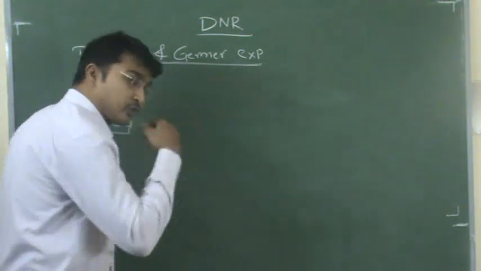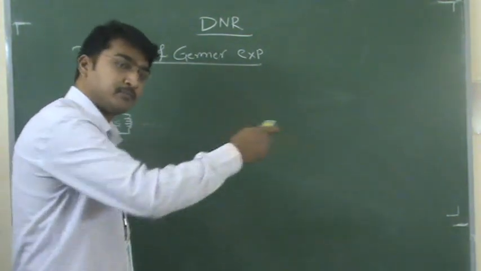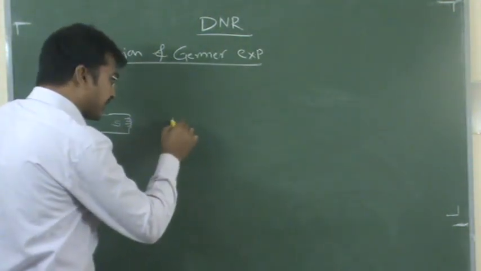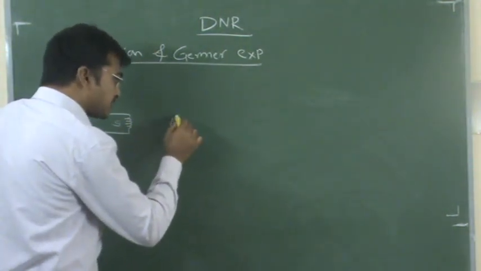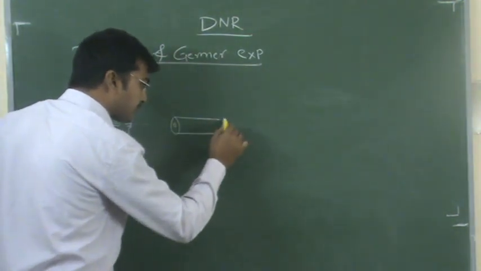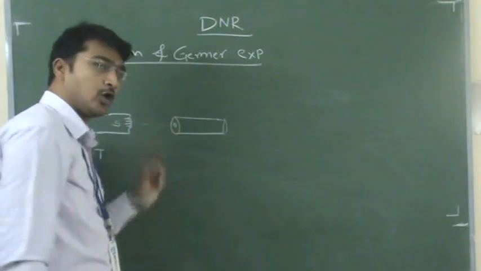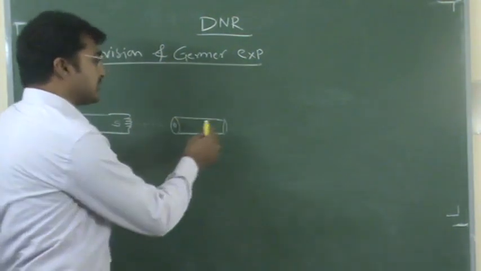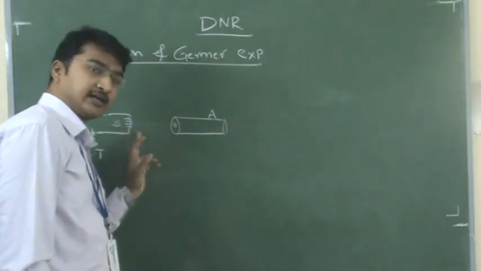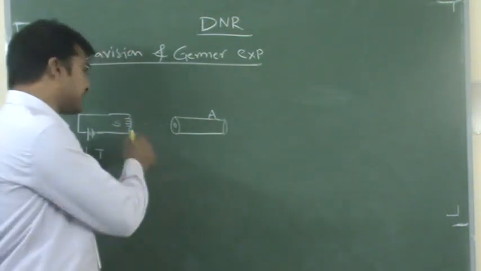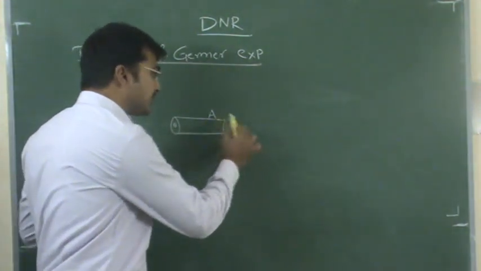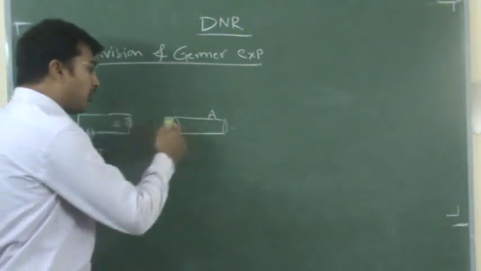The electrons move towards the positive potential, so here we take an anode, an anode tube which has a small hole. The electrons emitted from the filament move towards and pass through the anode in a straight line. How is that possible?